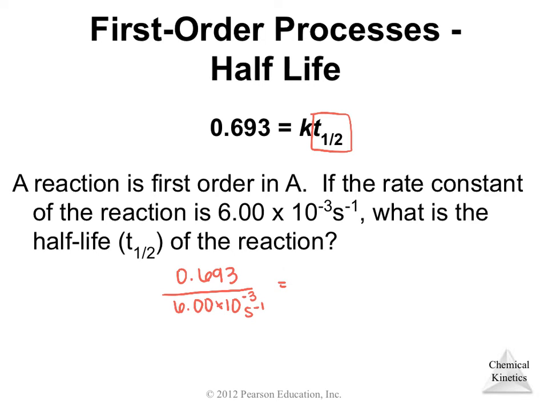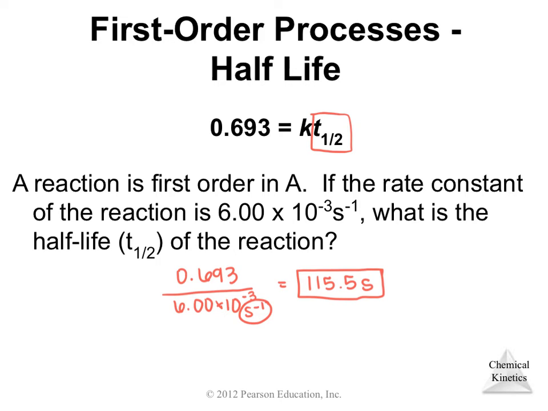I'm going to do that in my calculator, 0.693 divided by 6.00 e to the negative third, and we end up with 115.5. The seconds to the negative 1 moves to the top since we're dividing by it, and the half-life of that process is 115.5 seconds.